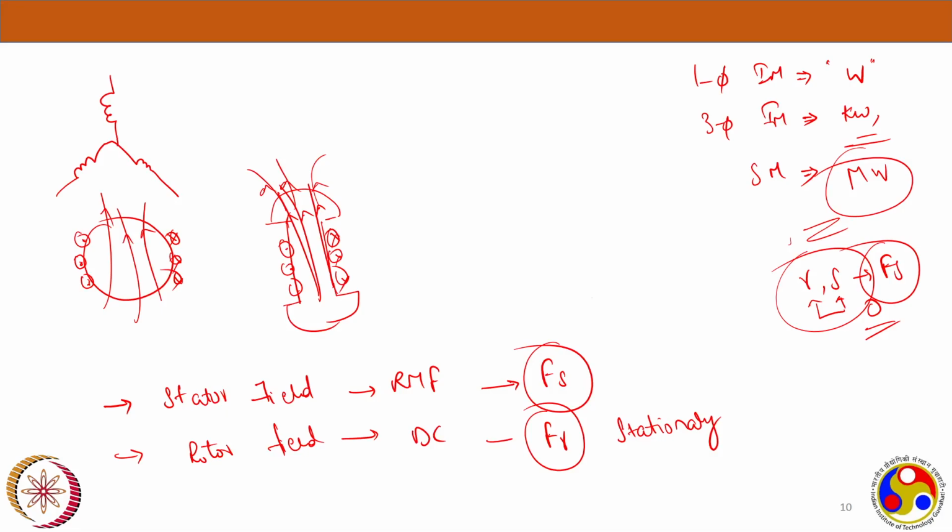But the stator field has a speed of Fs and is rotating with respect to time, right? So what we can conclude from this is that if we want to run our synchronous machine as a motor, it has no starting torque. That's what we are concluding.